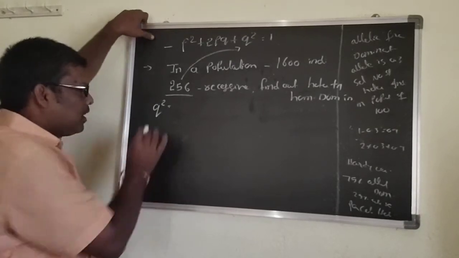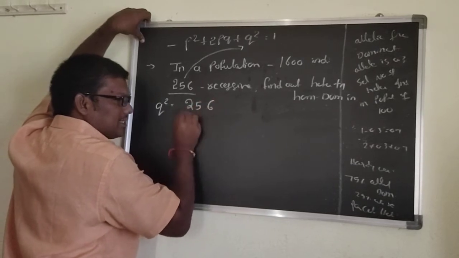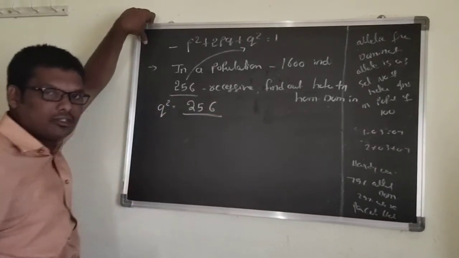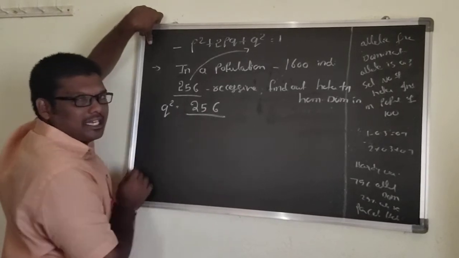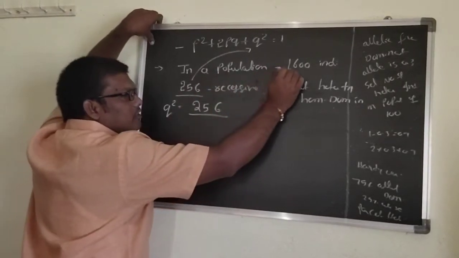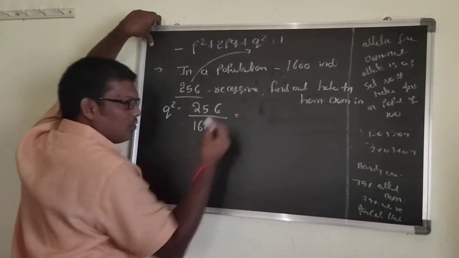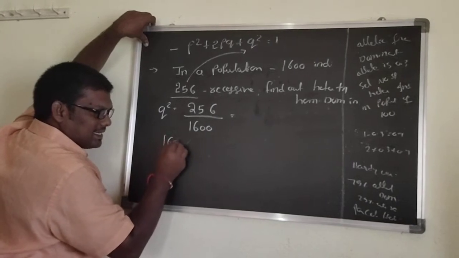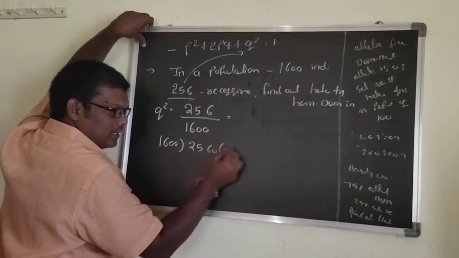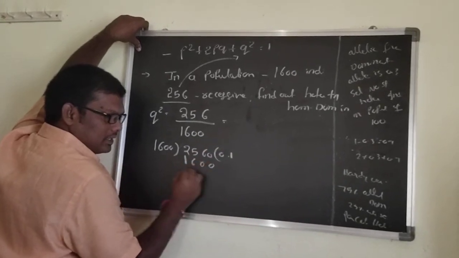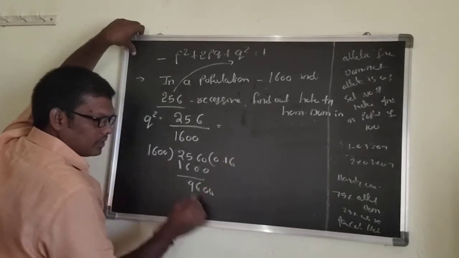Now q square equals 256, the number of individuals they gave, divided by the total number of individuals in the population, which is 1600. Calculating 256 by 1600, how much do you get?